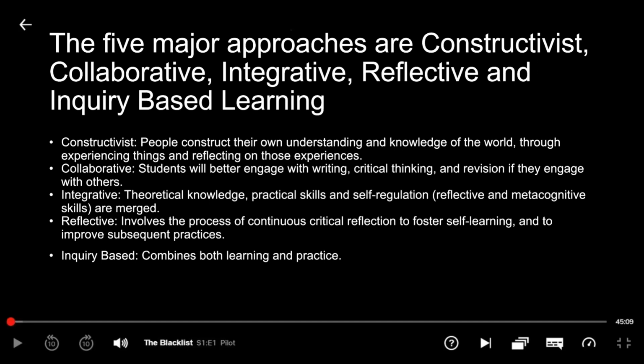In the integrative approach, theoretical knowledge, practical skills, and self-regulation are merged. The self-regulation are reflective and metacognitive skills. In the reflective approach, this involves the process of continuous critical reflection to foster self-learning and to improve the subsequent practices. And the last one is the inquiry-based approach, which combines both learning and practice.